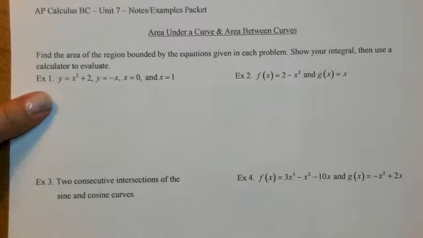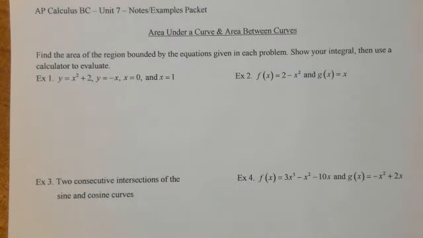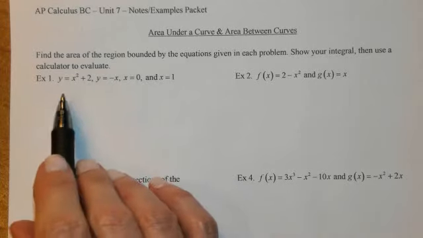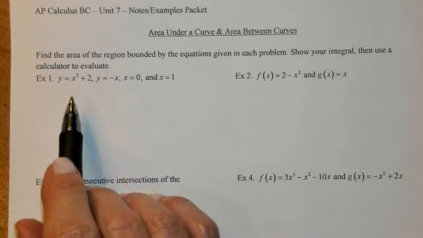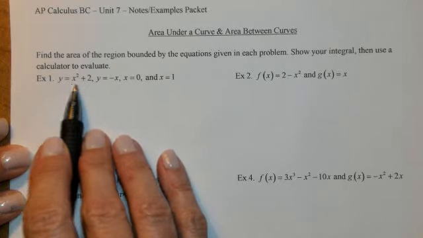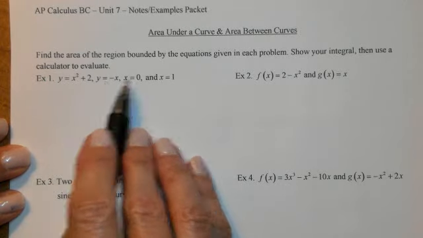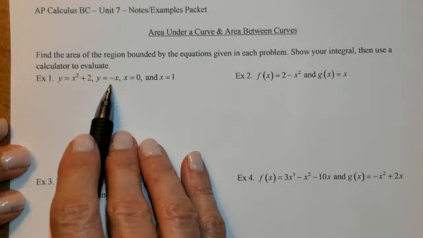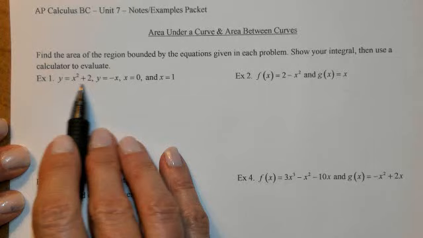Okay, example 1. Let us try to figure out where this region is. We have this curve, and we have this curve, and we have this line and this line. This is also a line, but we have this curve.